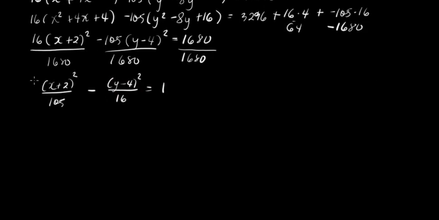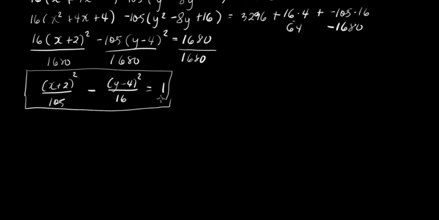Now, so this is our equation written in standard form. So, all we have to do is to determine the values of a, b, and c. So, ngayon, ang axis natin, since nandito yung negative, so hindi si y, so ibig sabihin horizontal ang ating axis. So, this axis is horizontal.